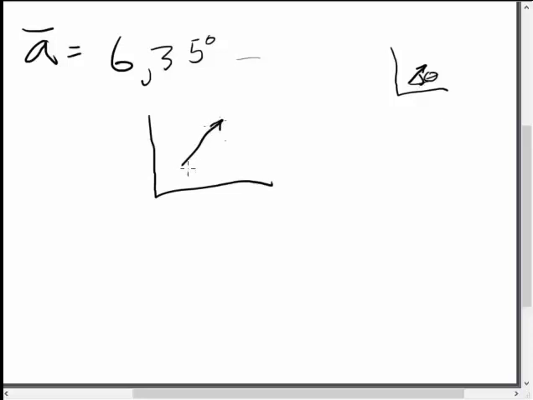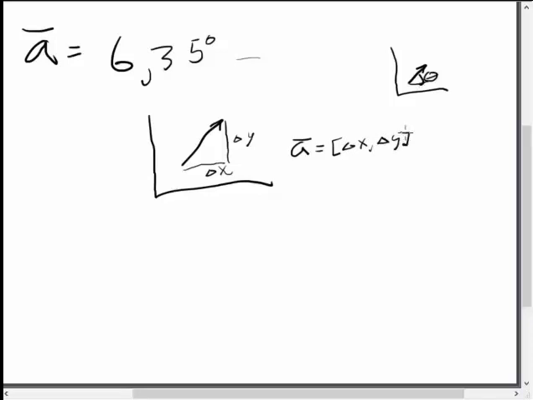The difference in x and the difference in y, delta x and delta y, are the values of my vector, and they imply a direction. So my vector A will have delta x and delta y.